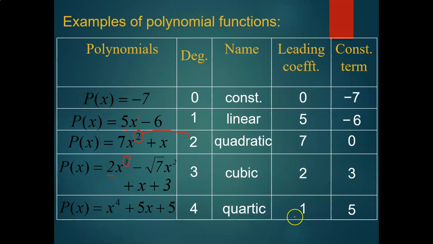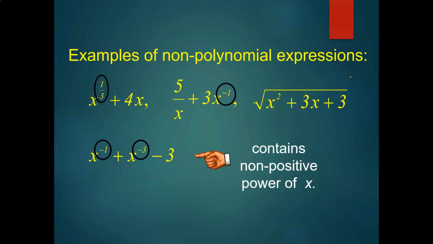Okay, so the leading coefficient is 1. Why 1? We have x to the power of 4, its coefficient is 1. Okay. And the constant term is 5. So I hope you have a better picture after all these examples of what is degree, what is the leading coefficient, what is constant.